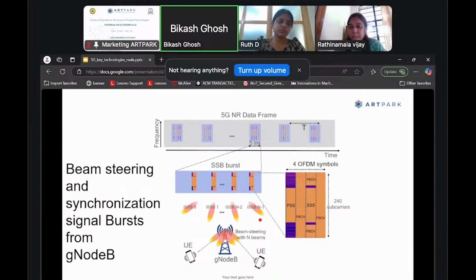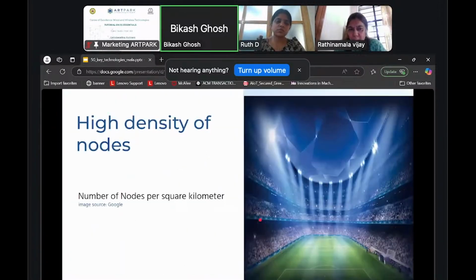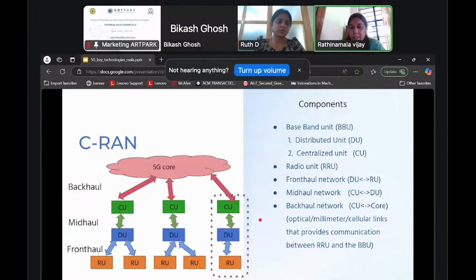Okay. Ma'am, regarding this DU and CU, you mentioned that it is better to keep the DU near the RAN. Yes, but I will talk about the FRMCS. You might know that for the railway, UIC has implemented one technology, FRMCS, which is based on 5G.